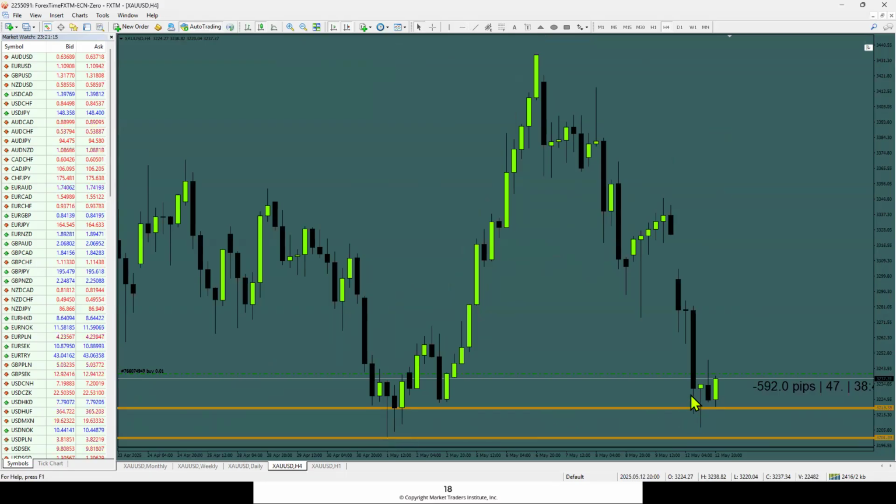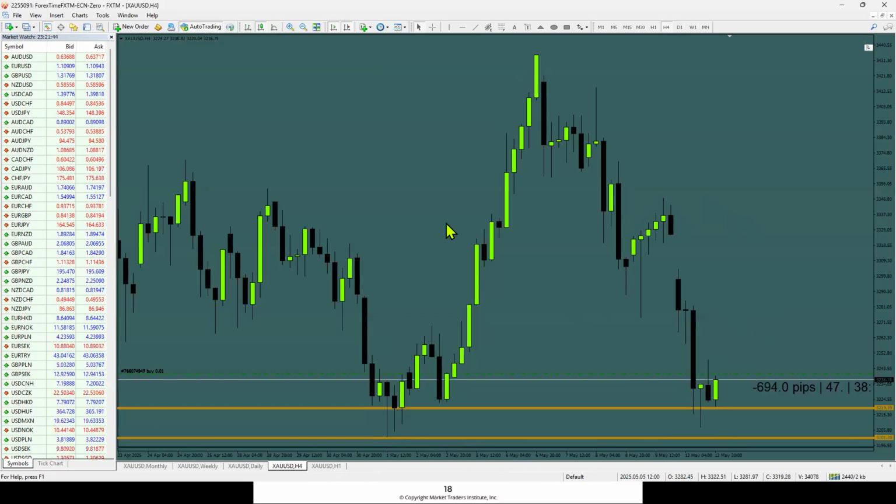Based on this hammer coming from this demand zone, you can say that this market is going to buy. Then you can take a buy and put your stop loss below this low, and expect the market to buy. That is one of your reasons for entering the trade.